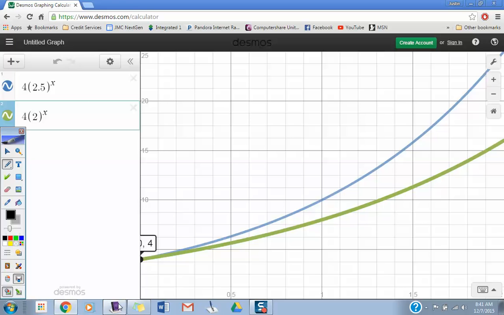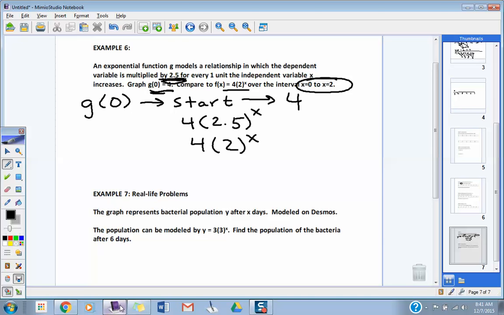Here's what I'm going to write down here. What do you notice about these two? Well, first of all, I'll put two things that we notice. They both start in the same spot. And that makes sense because for both of those, the starting value was 4.